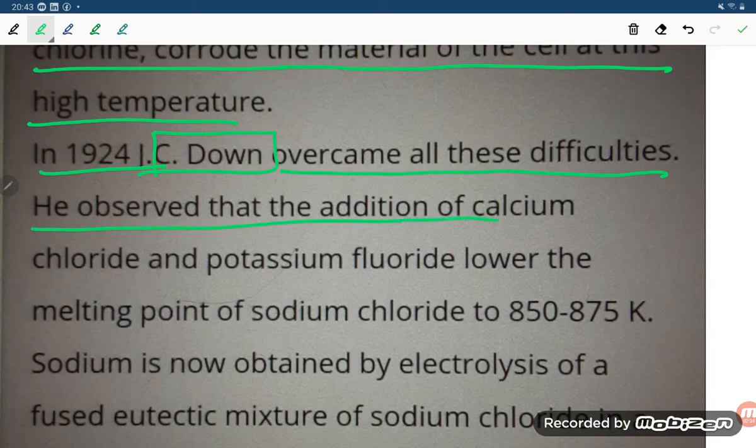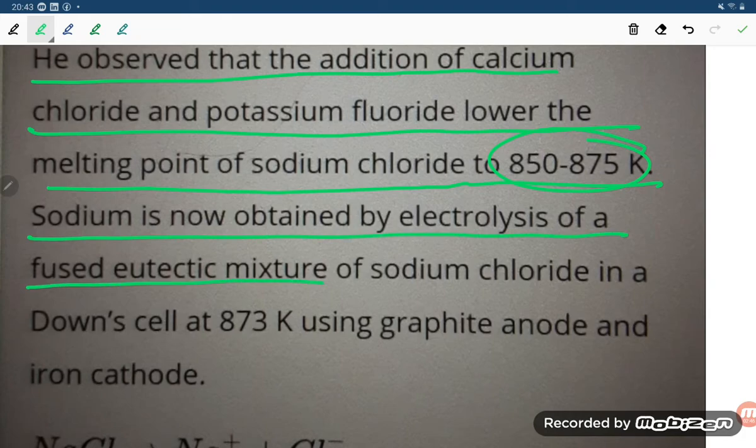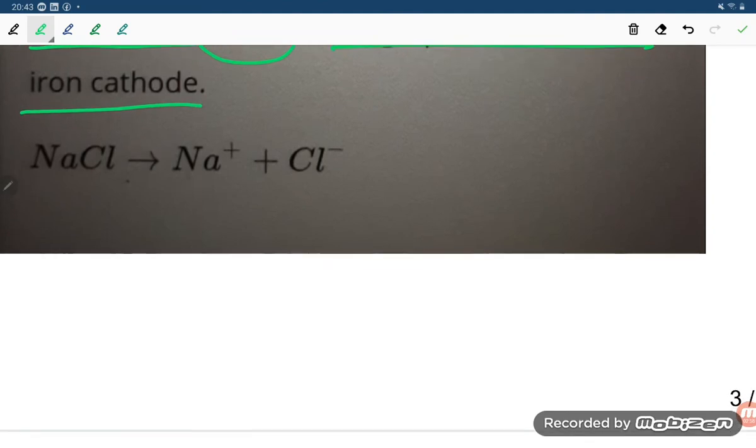He observed that the addition of calcium chloride and potassium fluoride lowered the melting point of sodium chloride to 850 to 875 Kelvin. Sodium is now obtained by electrolysis of the fused electrolytic mixture of sodium chloride in the Down process at 873 Kelvin, using a graphite anode and an iron cathode.